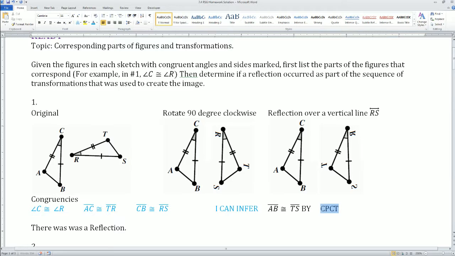Because this is side angle side, so these two triangles are congruent by side angle side. If the triangles are congruent, then the corresponding parts are congruent. That's how I got AB is equal to TS. That's how I can prove that.